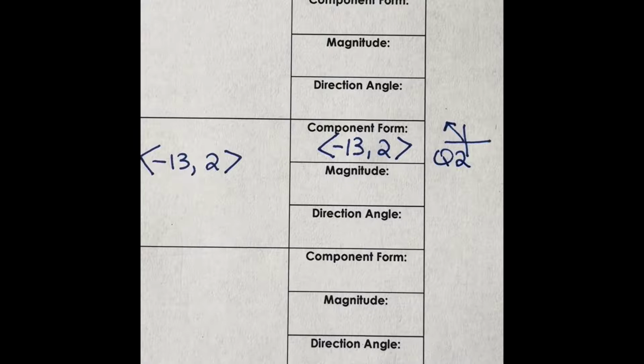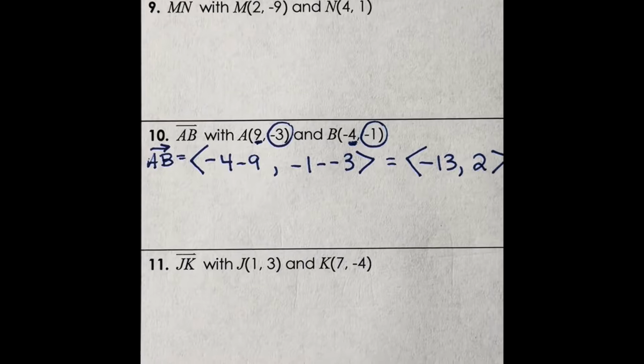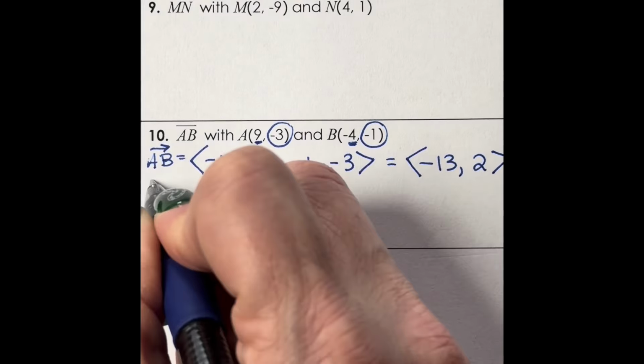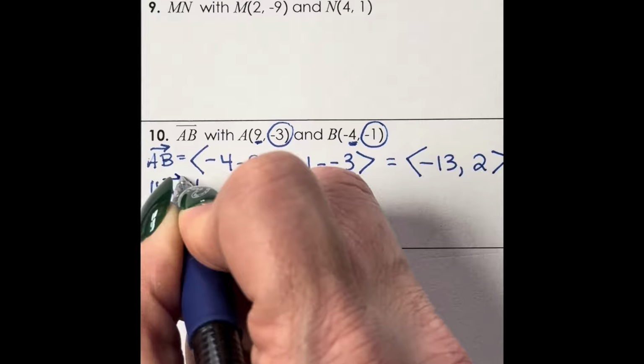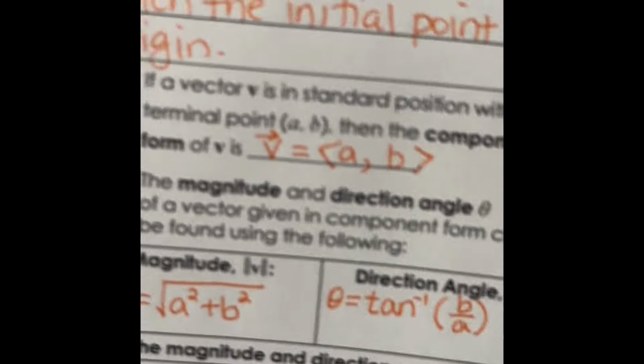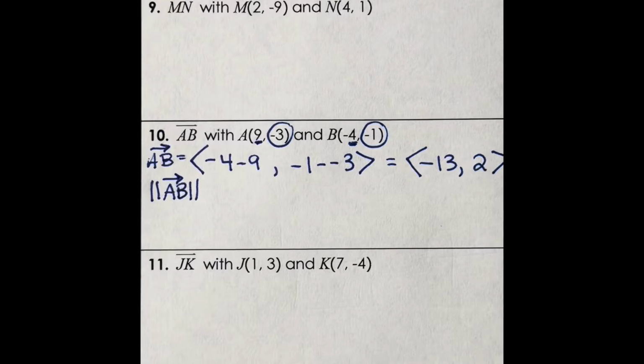Okay, next, let's find our magnitude. Magnitude is super easy when we already have component form. We're just going to find magnitude of AB by doing, and we can go back to what we did a minute ago, it's just going to be a squared plus b squared and take the square root of that.